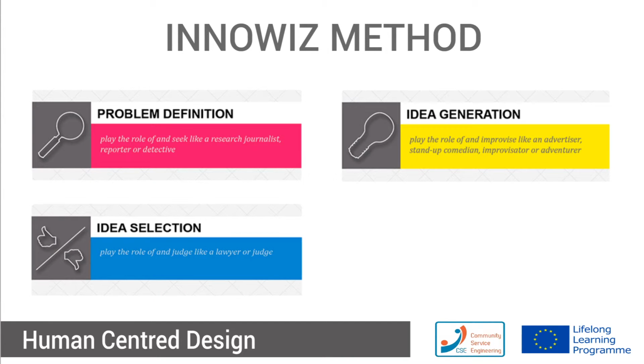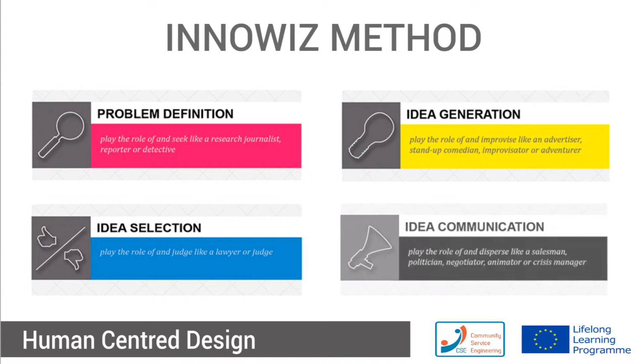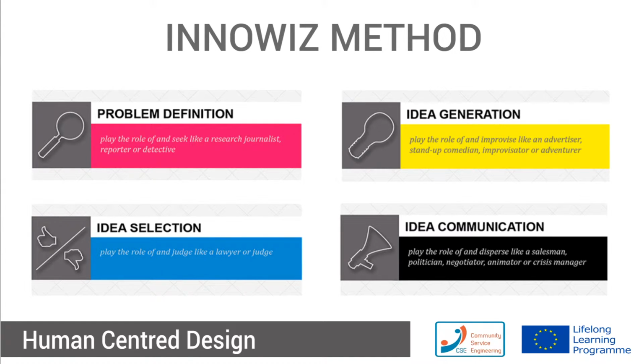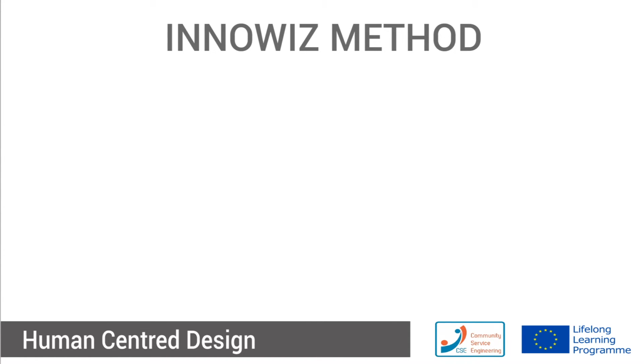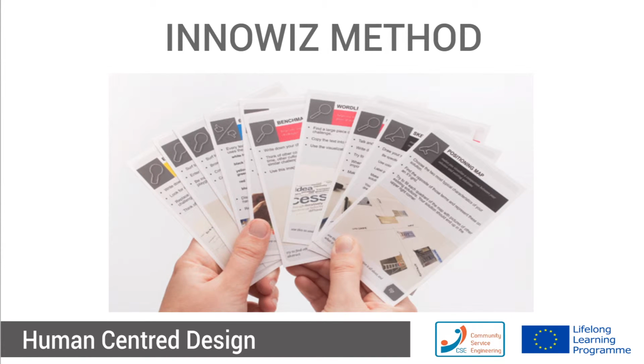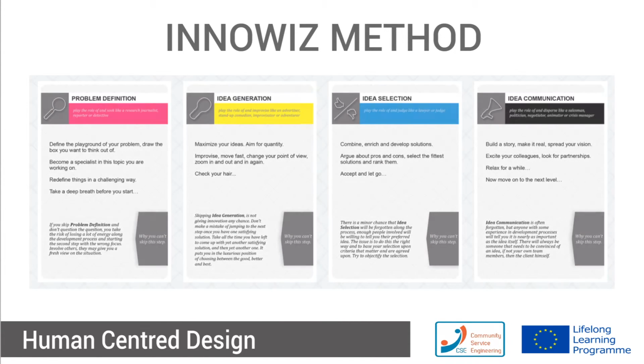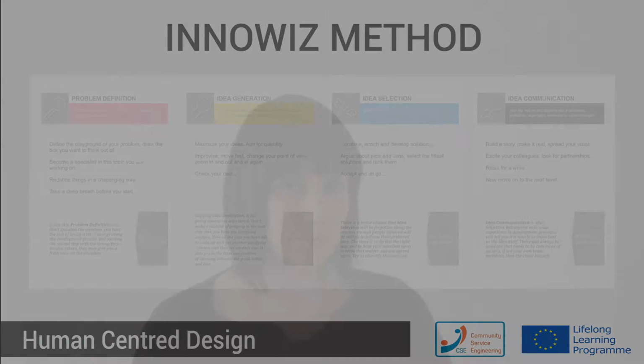Okay, if you have all these ideas, how do you select the best one, and how do you know that is the right way to choose? And then you have the idea communication, where you present what you've been doing. So Innovis made this nice toolkit, which is basically an open database, and they have many cards with methods and techniques on it that can inspire you to keep the creative process going.